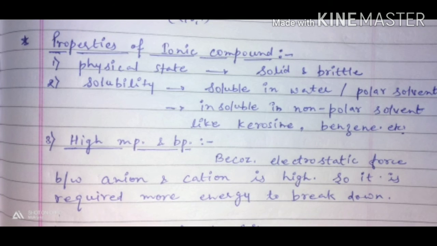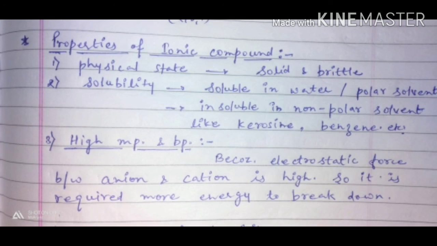Third, melting point. These have a high melting point. Why? Because the electrostatic force present in the ionic compound is very strong, so it requires more energy to be broken down.